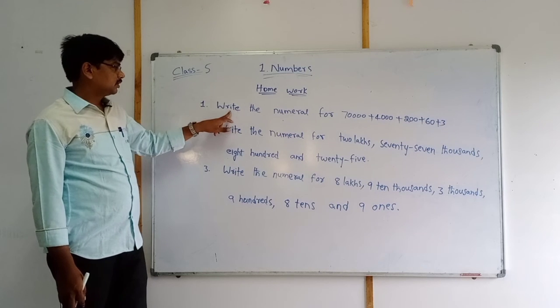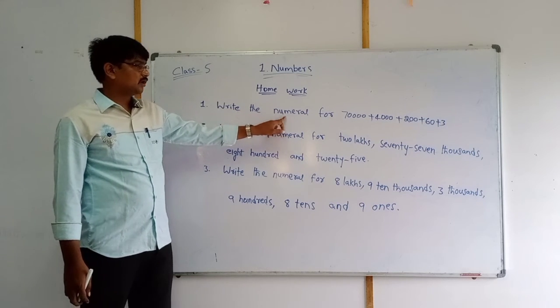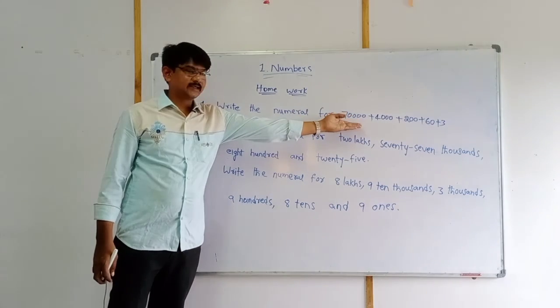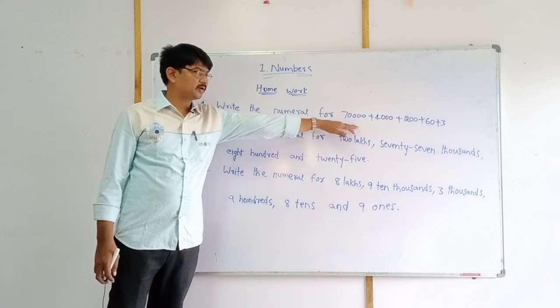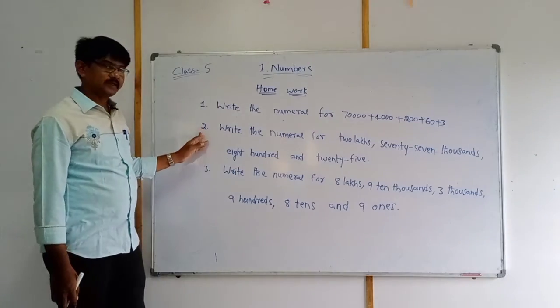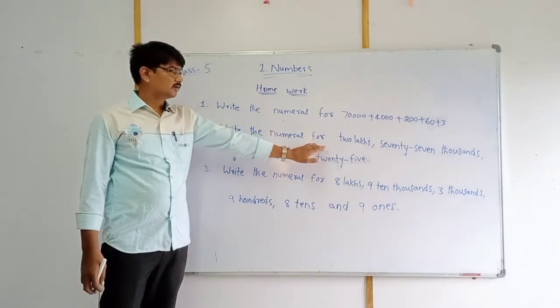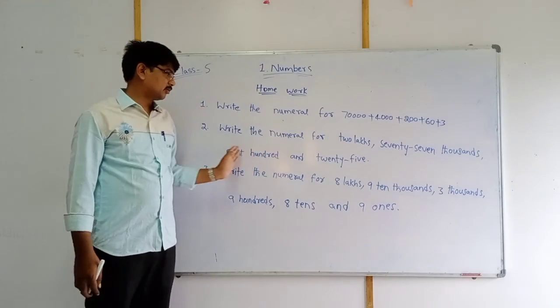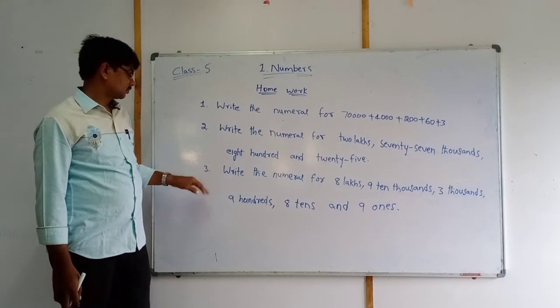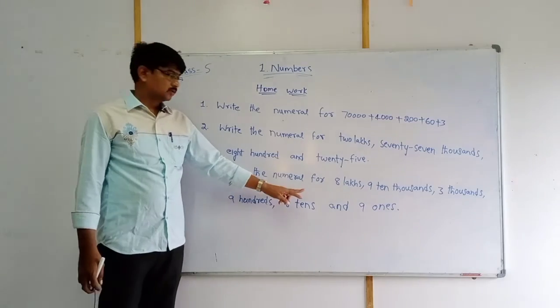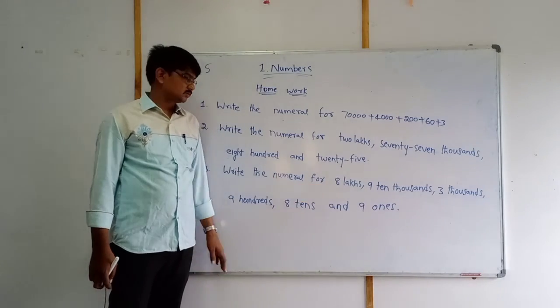First problem, write the numeral for the expanded form given here. The second question is also the same, write the numeral for it. Just read the problem. Next, the third problem is also the same, write the numeral for it.